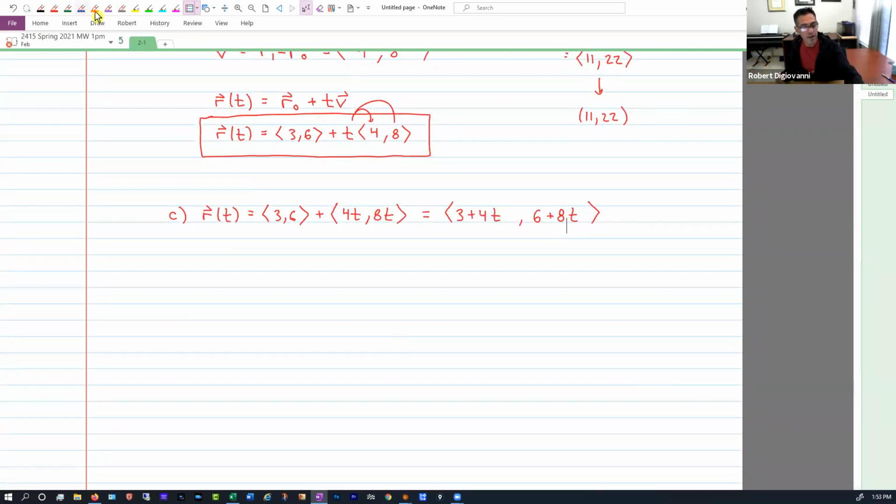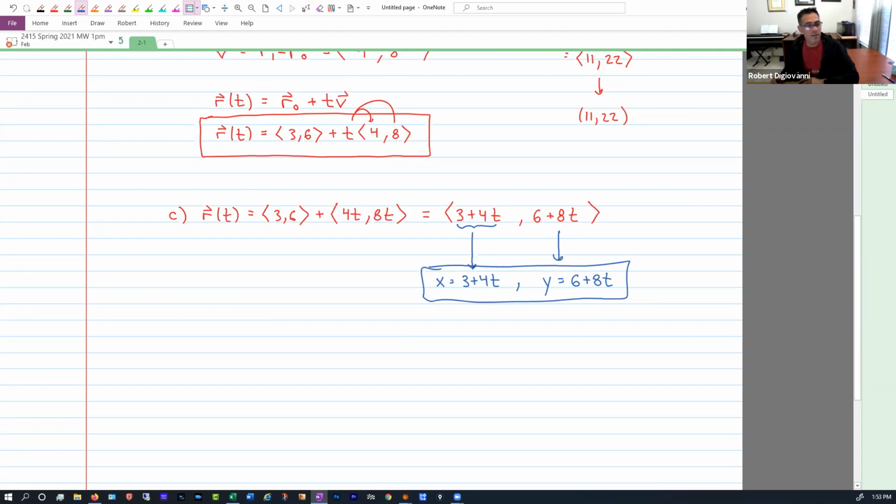This x component, if we write x equals that, and then this y component, we write y equals this, those are the parametric equations of the line. Understand? Yep.